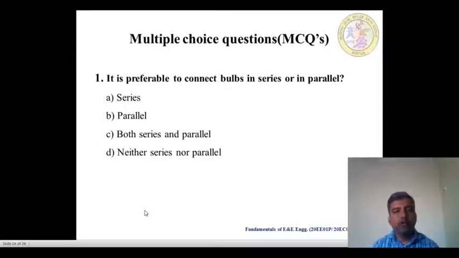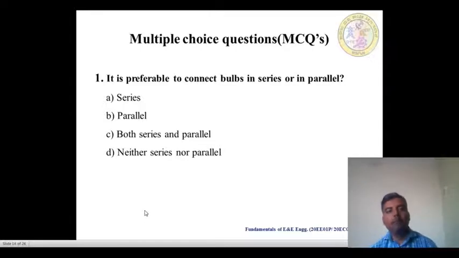Here we first have to see what happens when you connect bulbs in series. As I told in the beginning, when you connect resistances in series, the voltage drop across each resistance is different. So if you connect two bulbs in series, the first bulb will get a different voltage and the second bulb will get a different voltage.